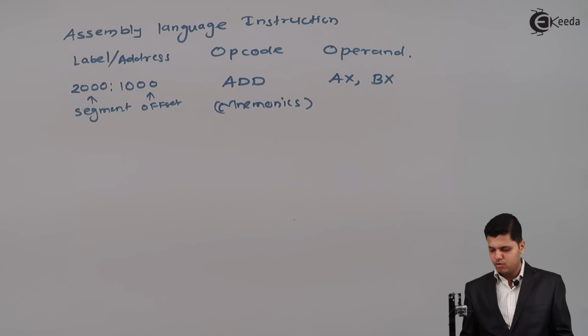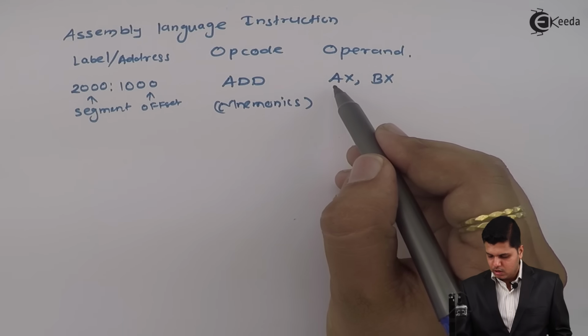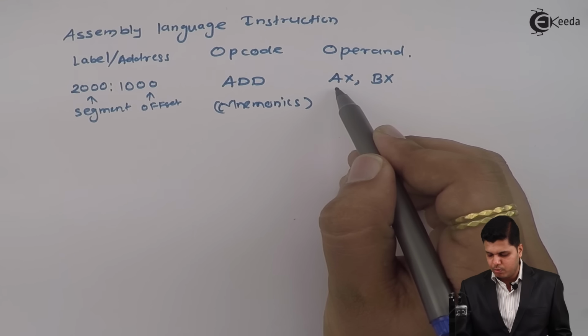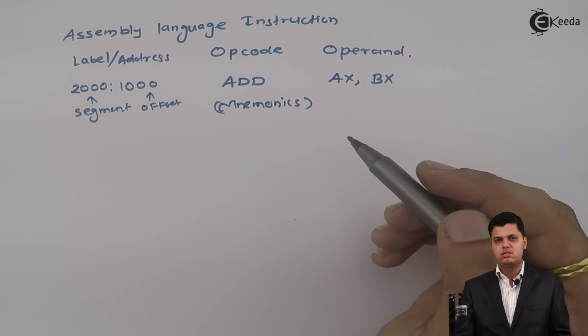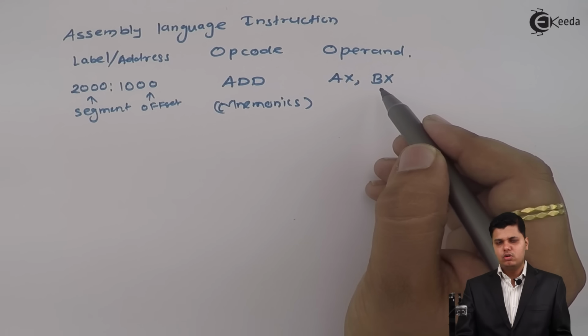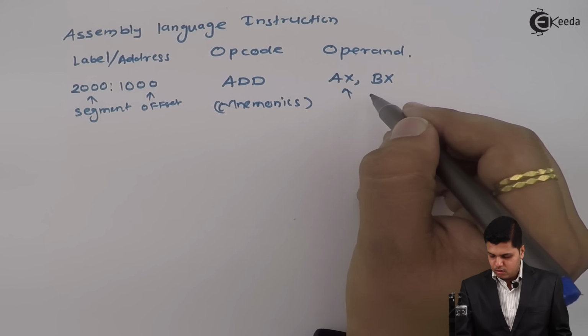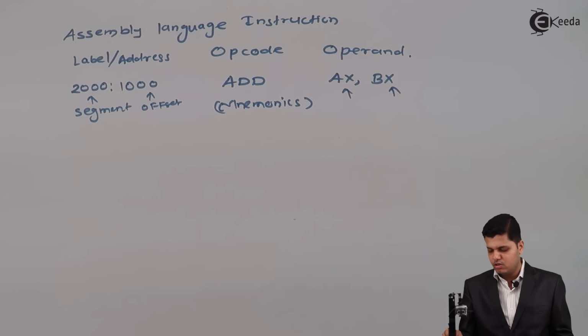One more thing to say is that in this case there are two operands, the first is the AX register and the second is the BX register. The operands are defined on two bases: source and destination.